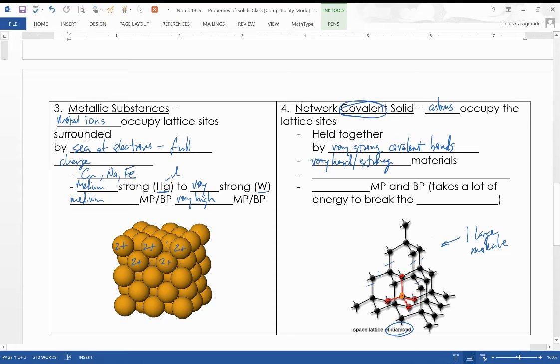Some examples, carbon, and that's both diamond and graphite. Graphite has a slightly different structure. It also has a high melting point and boiling point. Let's write that in there, very high melting point and boiling point, because it takes a lot of energy to break the covalent bonds.